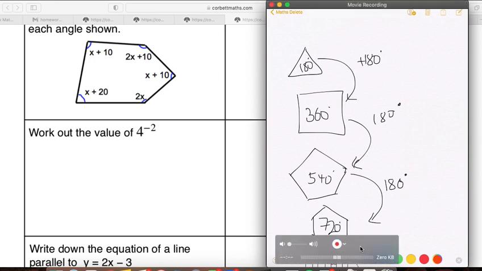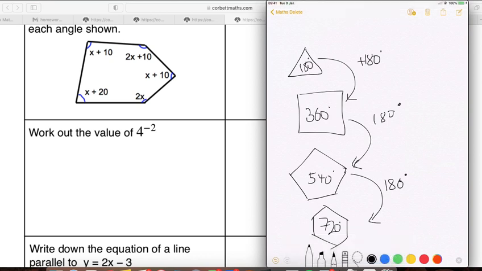Say if you've got a polygon with 20 sides, then you're not going to keep adding 180 every time. It would take you a very long time, right? Yep.